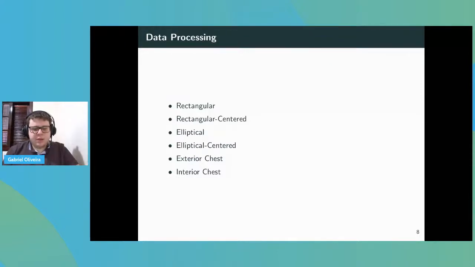And equal to rectangular center, elliptical center is the elliptical form, but the image is centered in the output image. And we also have the exterior chest, which is only applying the exterior mask on the original image, and the interior chest, which is the application of the interior mask on the original image.